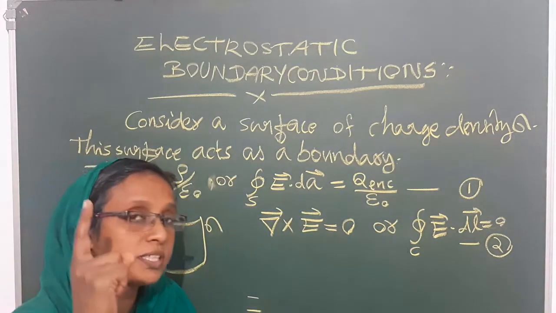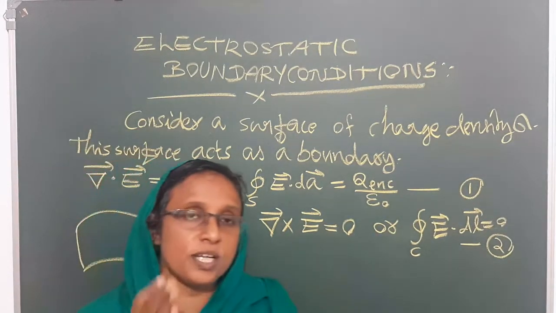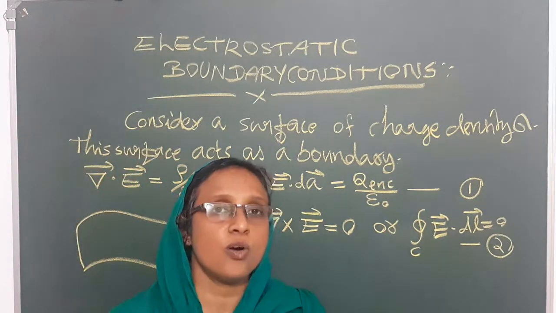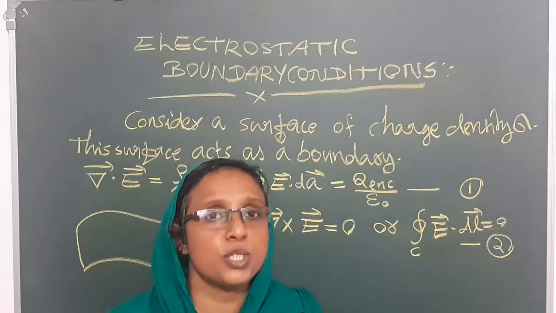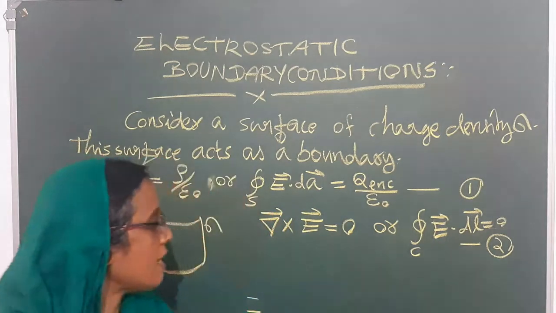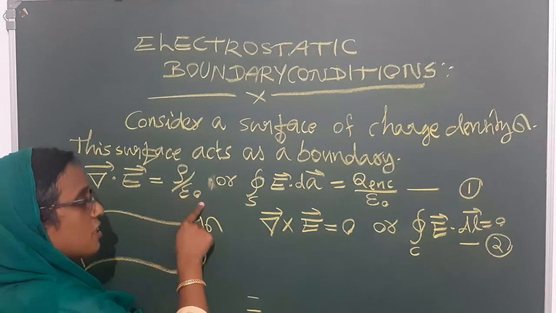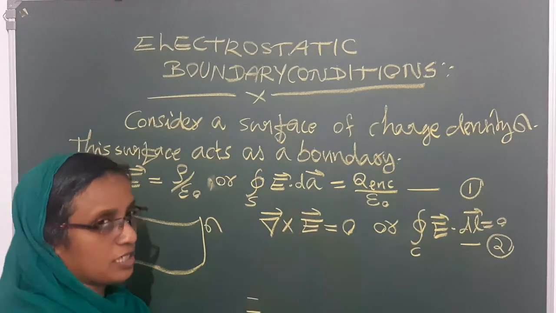In the Helmholtz theorem from the first chapter, we learned that if you know the divergence and the curl of a vector field, you can uniquely describe the field. Similarly, here we write the two equations, the divergence and the curl of the electric field.